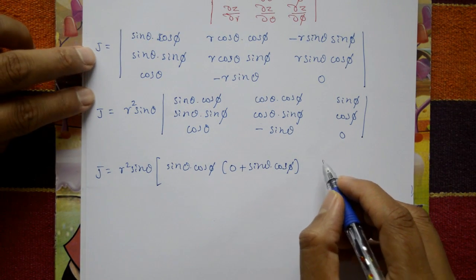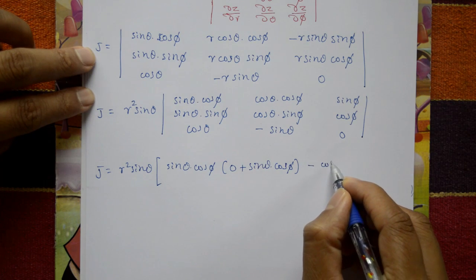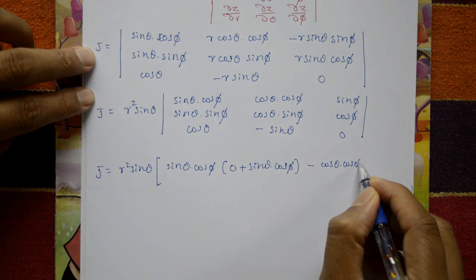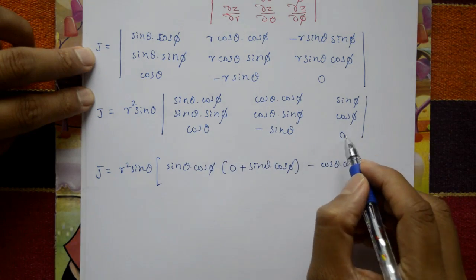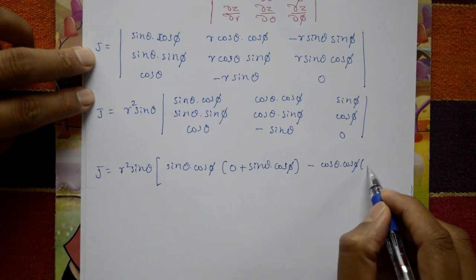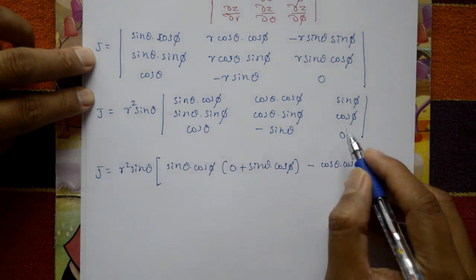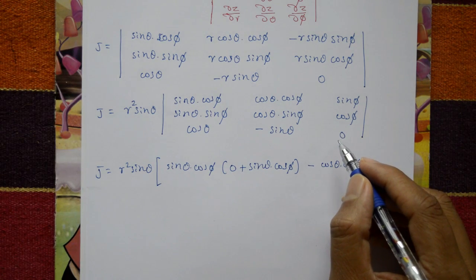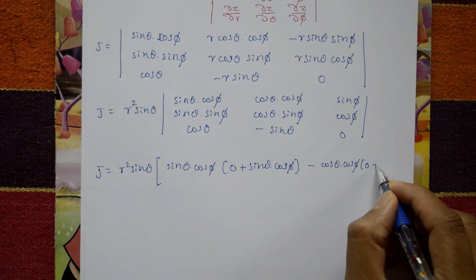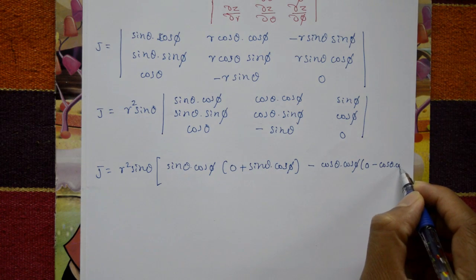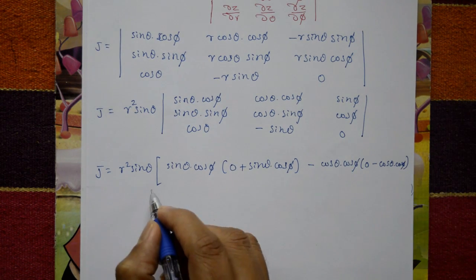Now second one, minus cos theta cos phi, taking these four elements: first one is 0 minus cos theta cos phi, so minus cos theta cos phi. Okay.